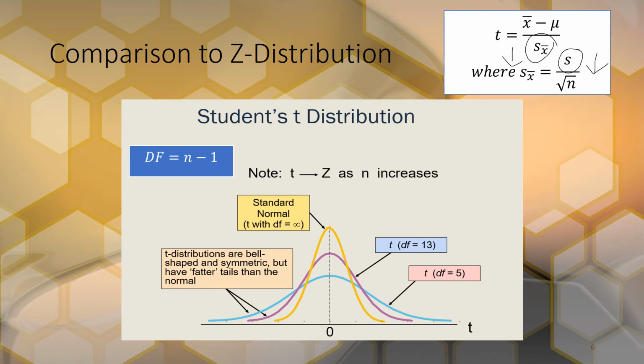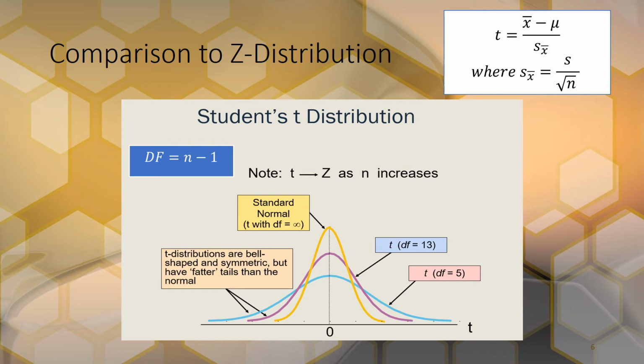And then because the standard error is on the bottom of the t formula, it's going to actually tend to make the t bigger. And so now we're going to tend to have more t's here on the tails than we would if it was a z distribution. So that's why a t distribution is still bell-shaped and symmetric, but it tends to have fatter tails, unless you have really high degrees of freedom.